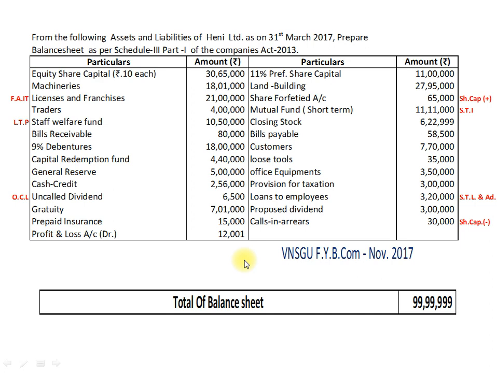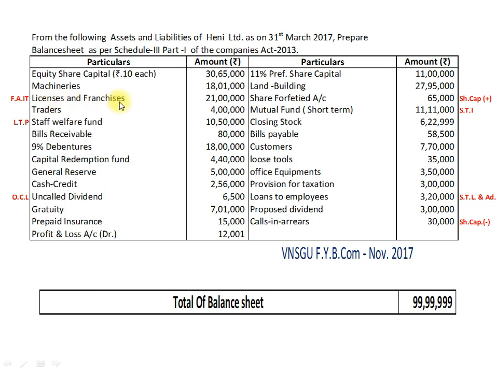Now, most of the items in the trial balance or data are familiar, but I will make a clarification of a few items which are new as per my consideration. So first is license and franchises.